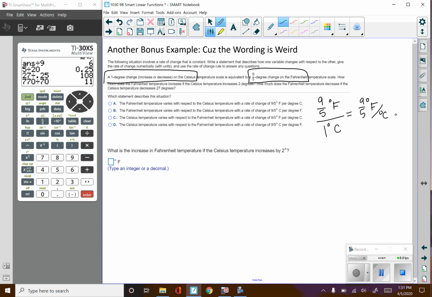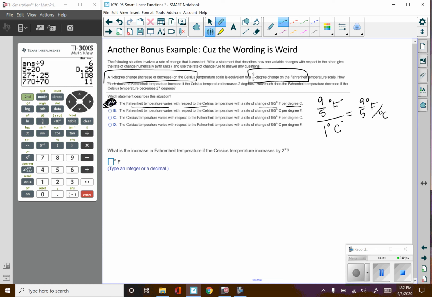So that is on our choices here. The Fahrenheit temperature varies with respect to Celsius with a rate of 9/5 per degree Celsius. It's choice A right there. Very tricky wording. That's why I'm doing this, because the wording is so weird.